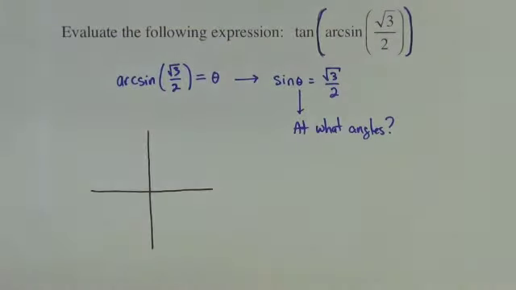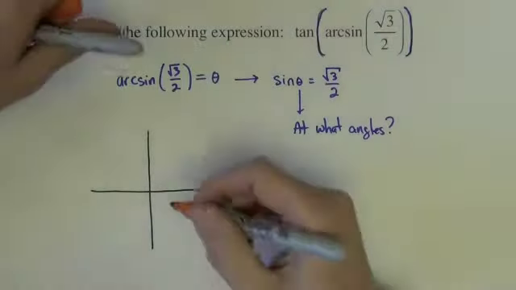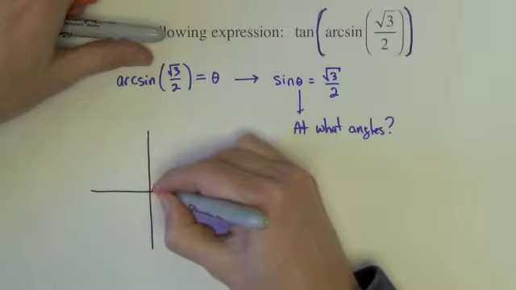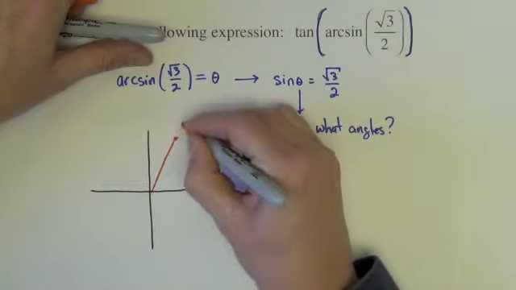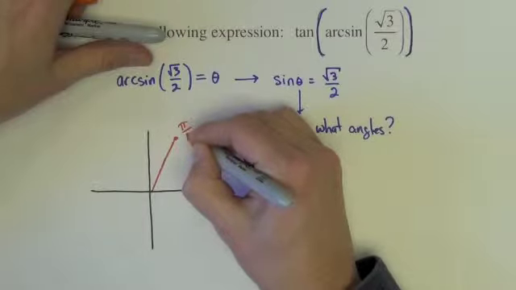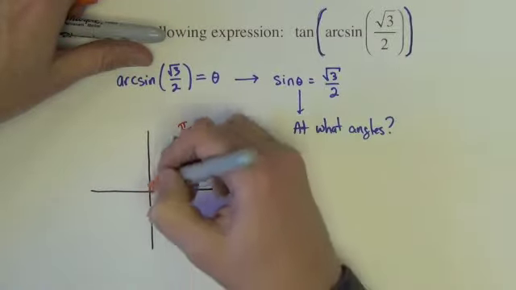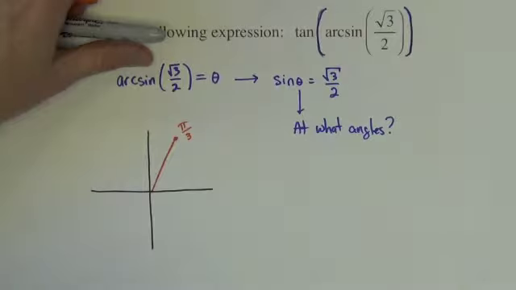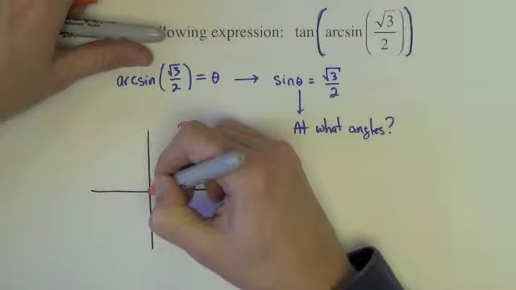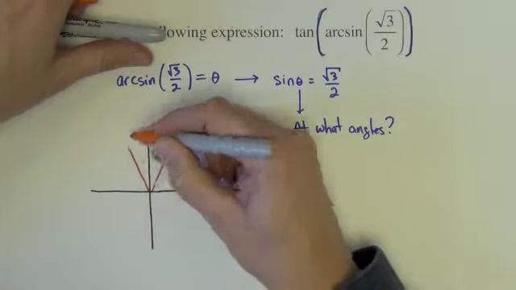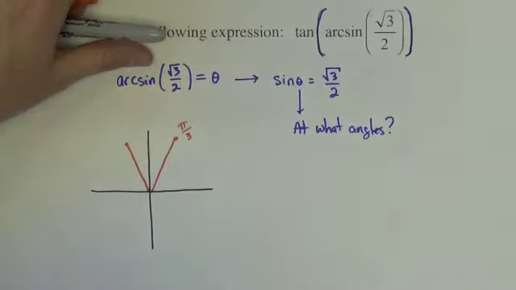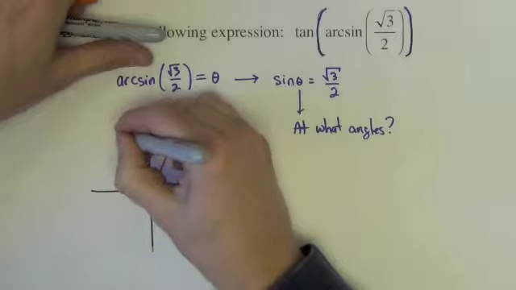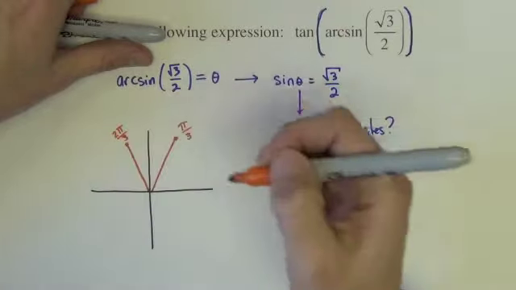Sine is the y-coordinate of the point on the unit circle. So that would have a value right here, which is at pi over 3. Would also happen right here, which would be at 2 pi over 3.